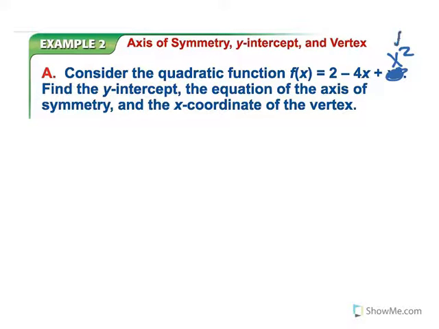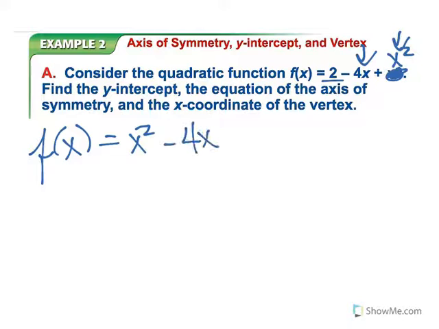We have to make sure that the x squared term is first, then we have our one term that has the x by itself, and then we have our constant last. So really, when we rewrite this, we should get f of x equals x squared minus 4x plus 2. Now it's written in the correct order.